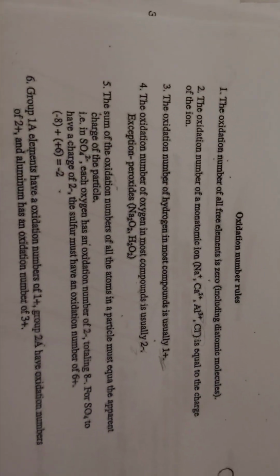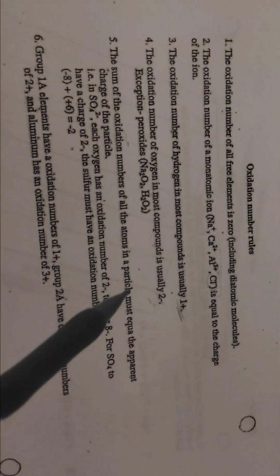All right, and then number 5, the sum of oxidation numbers of all atoms in a particle must equal the apparent charge of the particle. So for an example right here, it says in SO4 2-, each oxygen has an oxidation number of 2-, totaling -8, for SO4 to have a charge of 2-.